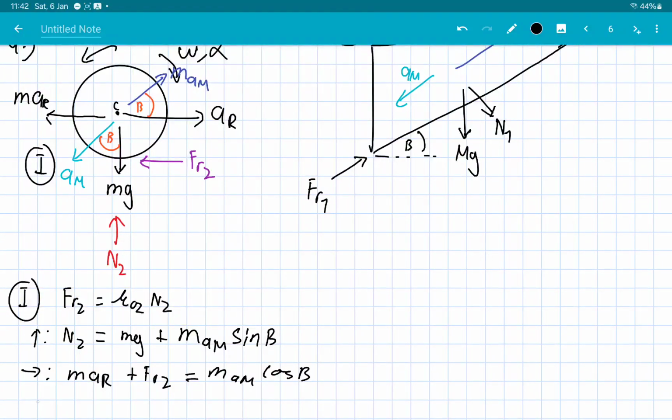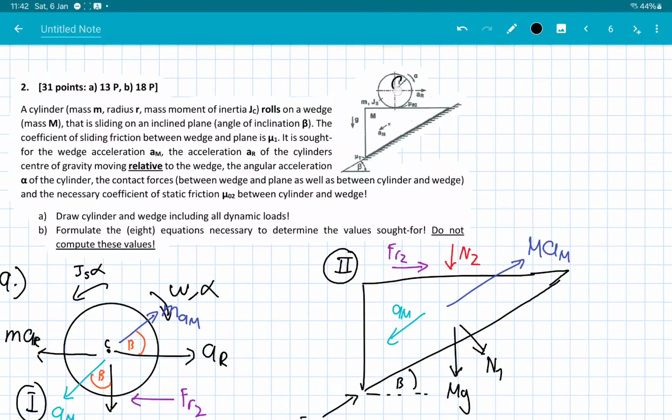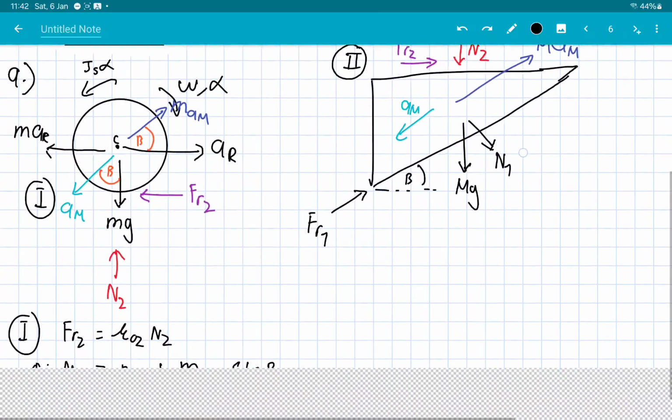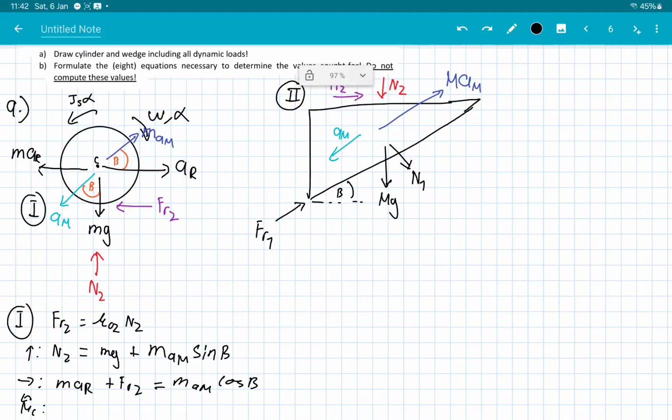And I'm going to call this point C. So your moment at C, and as you remember the radius is R, we're not given R, okay, this is fine. So at C, you would say that J alpha is equal to FR2 R.